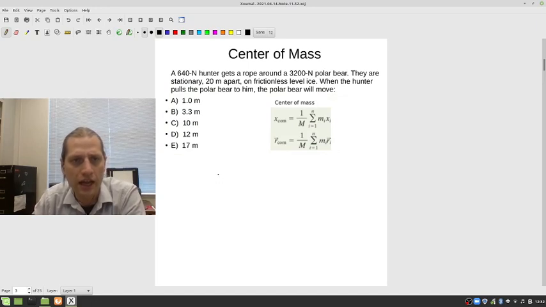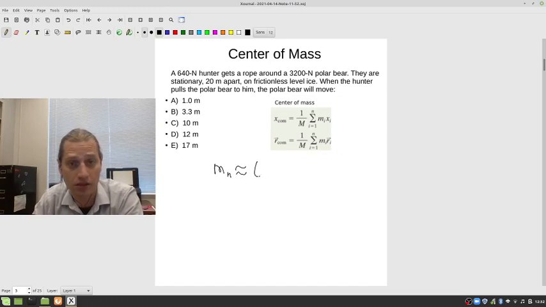Okay, here is a 640 Newton hunter getting a rope around a 3,200 Newton polar bear. The mass of the hunter is approximately, if g is 9.8 meters per second squared, if we divide our weight by g, we'll get our mass.